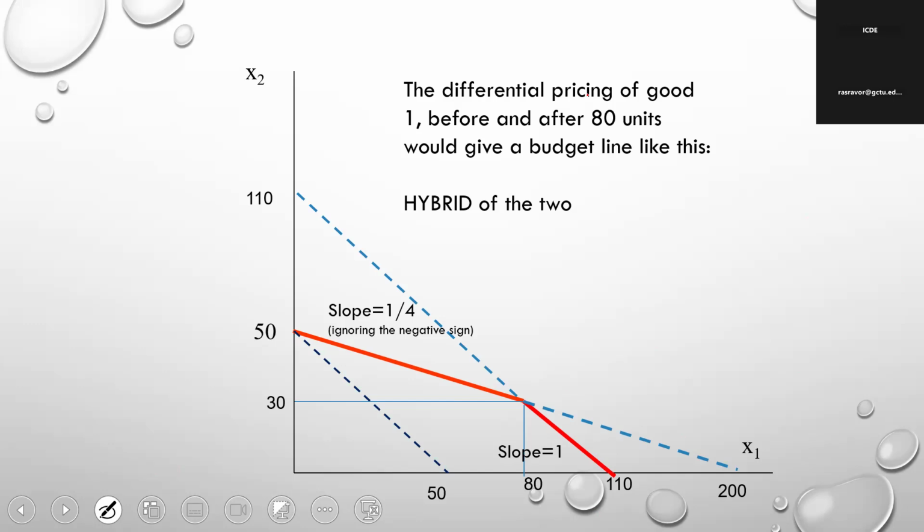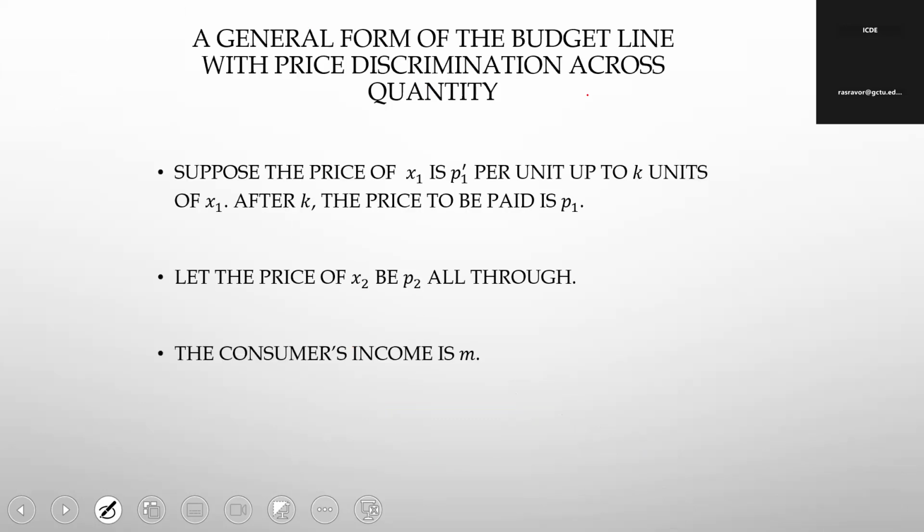Any question, please? Okay, so the same thing I've been trying to explain. But generally, there's a general form where there's price discrimination across quantity. And we must take a critical look at when there's price discrimination across quantities.